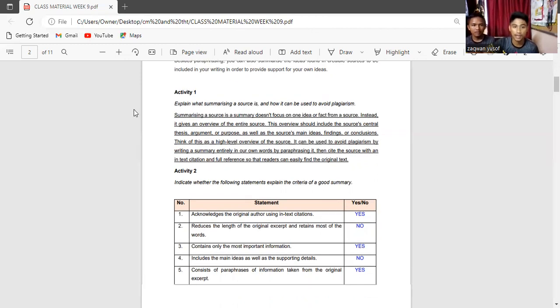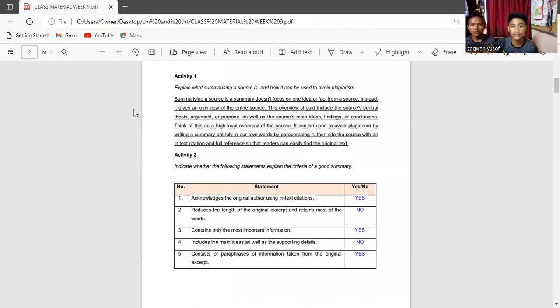The answer is, summarizing a course is a summary that doesn't focus on one idea or fact from a course. Instead, it gives an overview of the entire course.